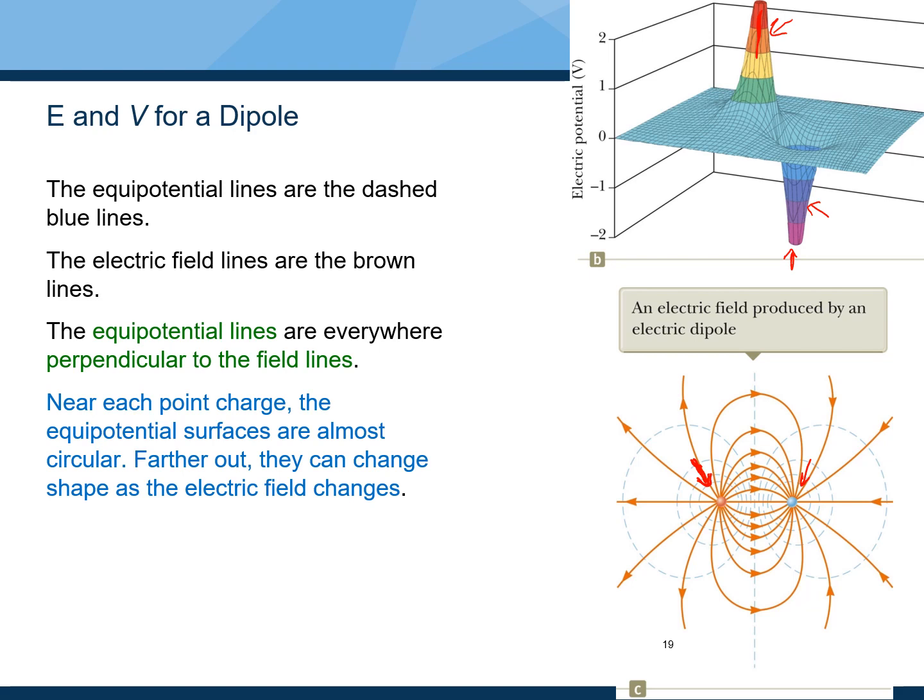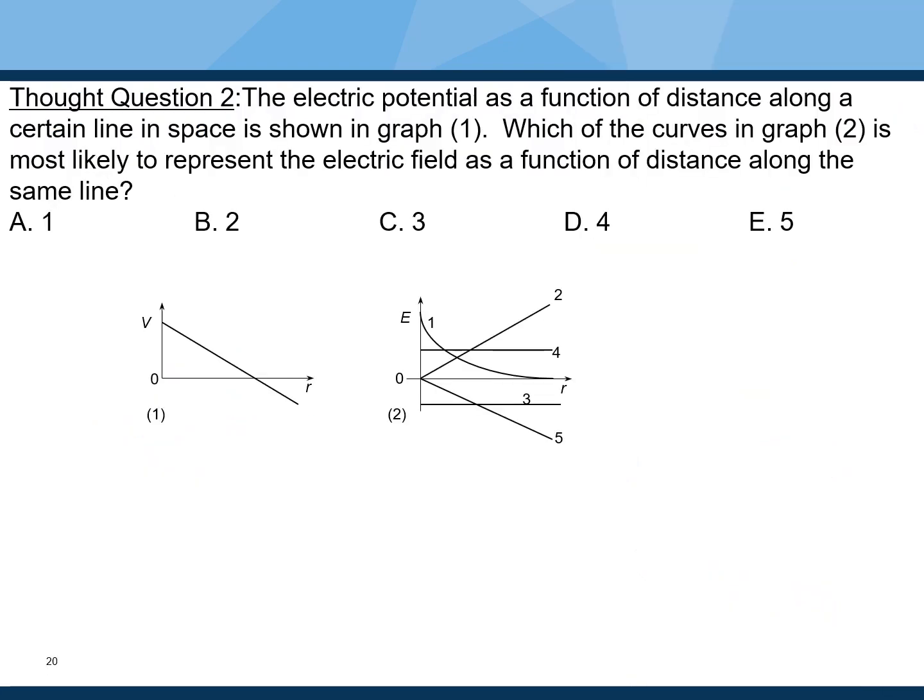Farther away from the positive charge or farther away from the negative charge, the equipotential surfaces cease to be circular and in fact have an ovoid type shape. Okay, so with these insights, we're now ready to go ahead and do our next thought question.